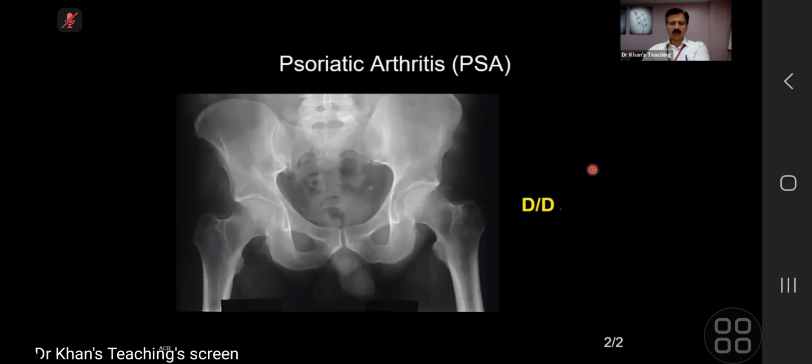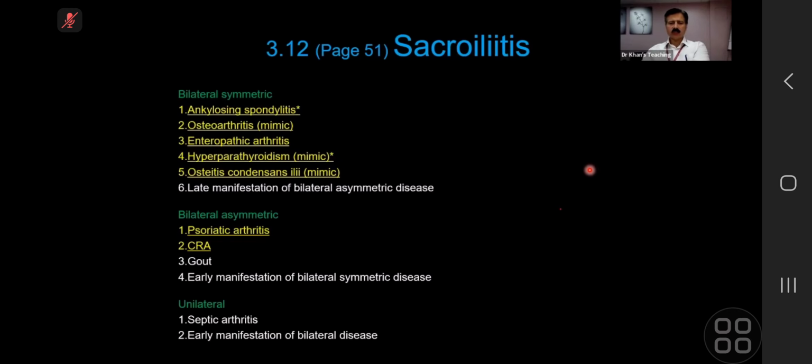This is an extremely important differential diagnosis for the exam, sacroiliitis. It can be bilateral symmetrical, bilateral asymmetrical, or unilateral. Ankylosing spondylitis, for example, is bilateral symmetrical.